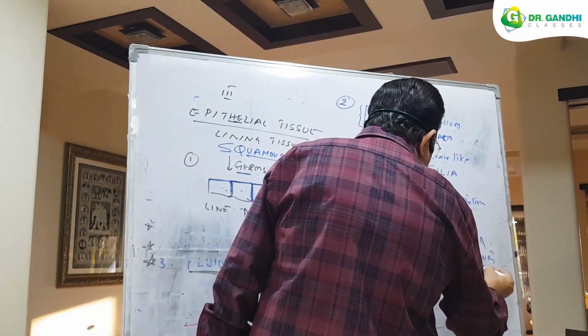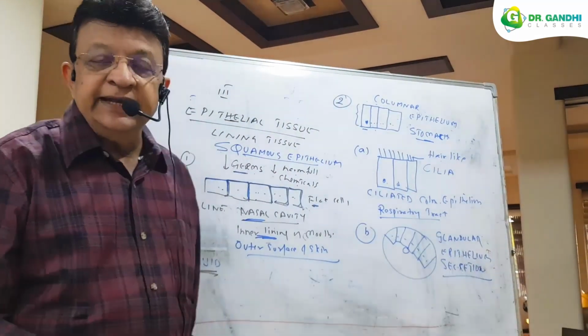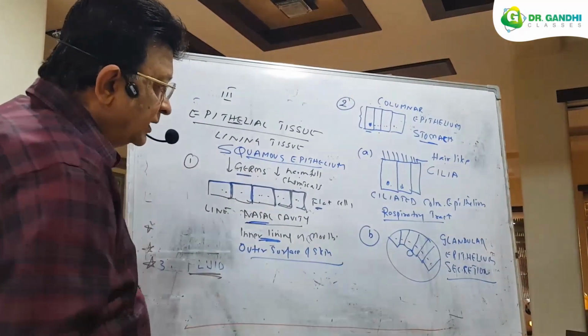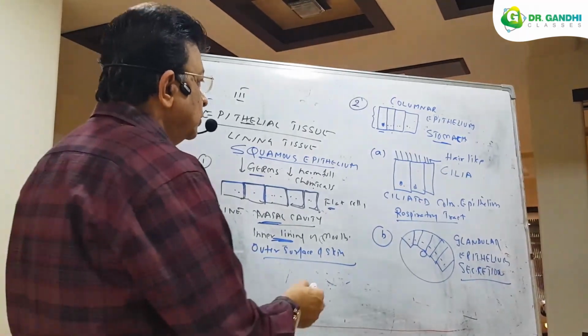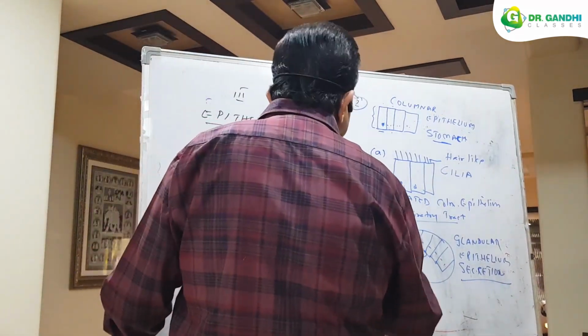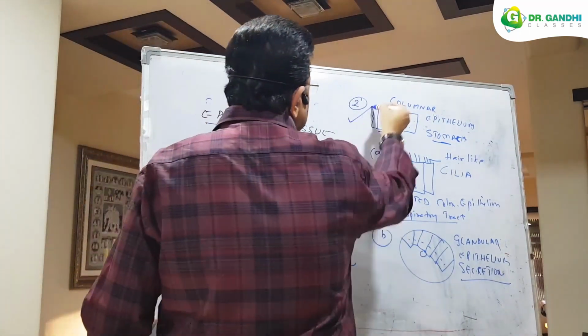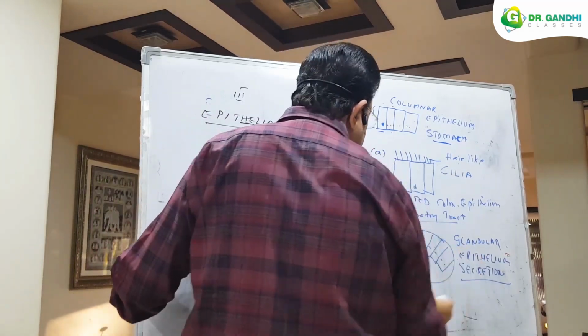Secretion. It secretes enzymes. You studied in the endocrine system that your pituitary gland and thyroid gland are all glandular epithelium, and their function is secretion, whether enzymes or hormones. So we finished with the squamous epithelium and the columnar epithelium, two types, ciliated and glandular.